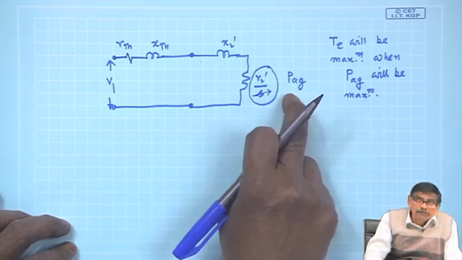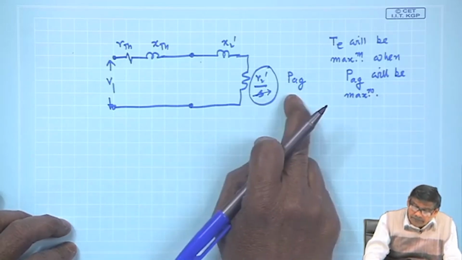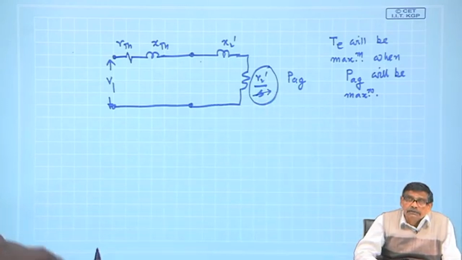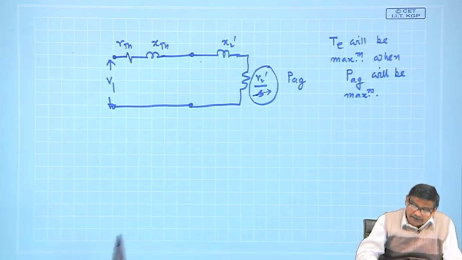If air gap power is maximum at some slip, if I can calculate that, then torque will also be maximum, because torque is nothing but PAG, that is the whole idea.